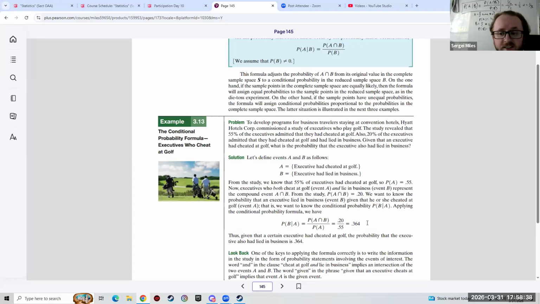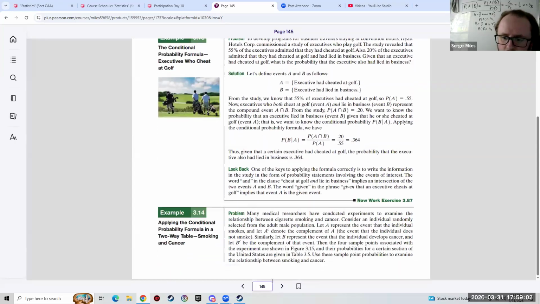All this is telling us is that if someone cheats in golf, it is then increasing the likelihood that they also cheat in business. That's all that's telling us here. Okay? So we got to be careful about the implication here. We see that there is a correlation between cheating in golf and business, but this does not mean causation. All right? It just means an increased likelihood.